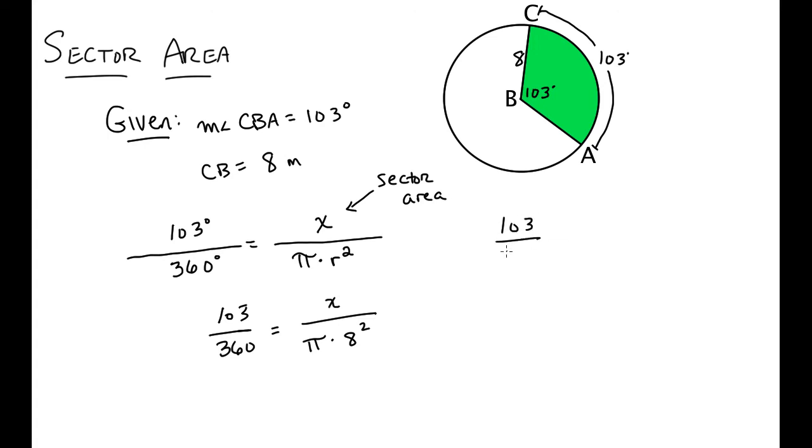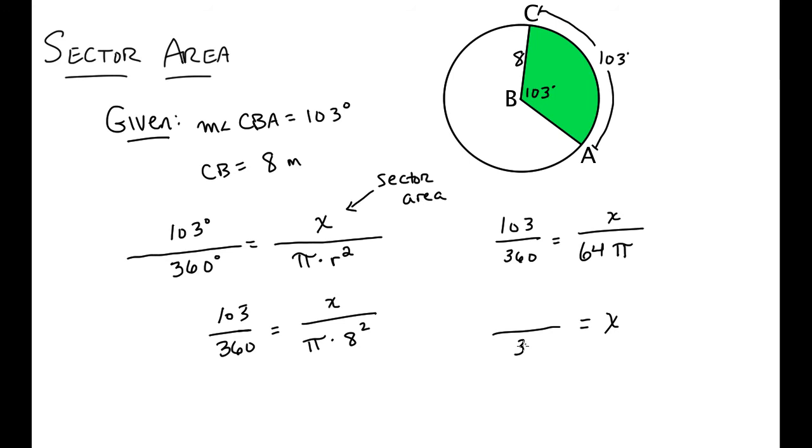103 over 360, we're doing some simplification, is equal to x over, let's see, 8 squared is 8 times 8, it's 64 times pi. Now what you can do is multiply 360 times x, and then this denominator by 103, and then divide by 360, but that's kind of like doing too many steps, so let's keep it really simple. The x is on top, so we're going to keep it there.